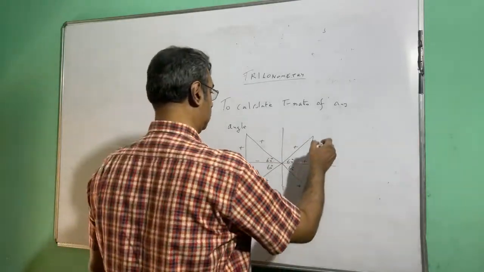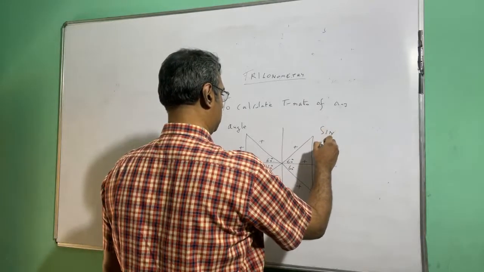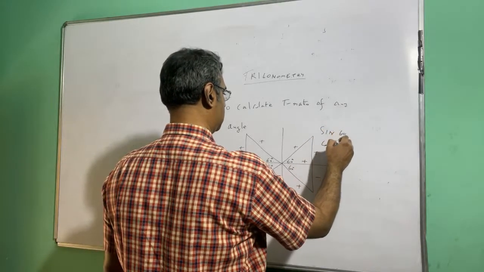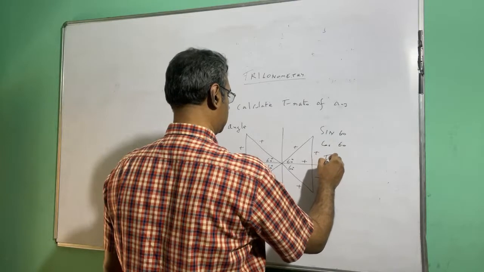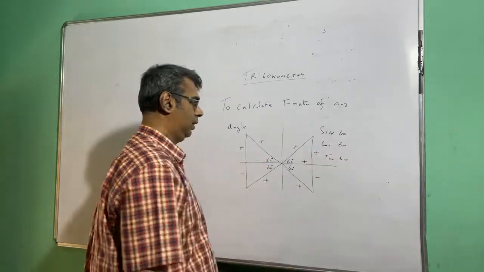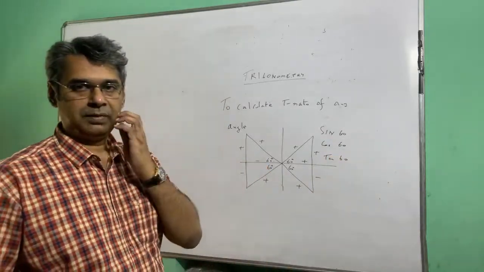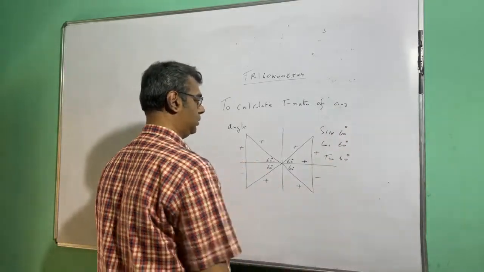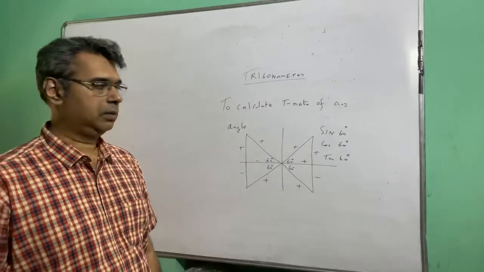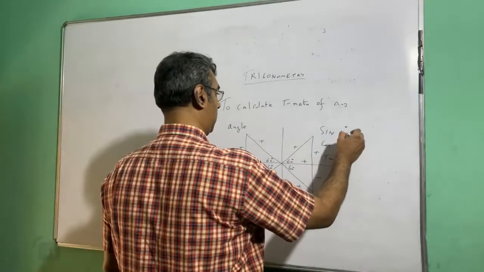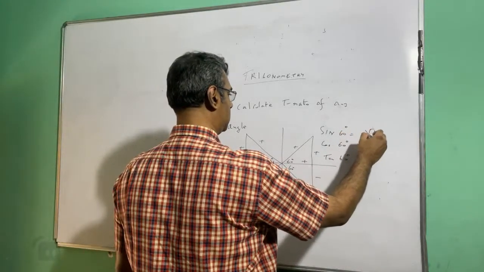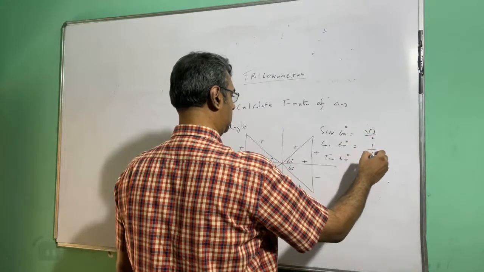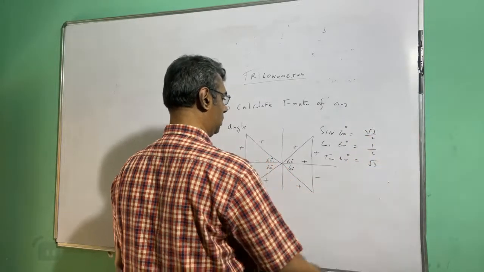So if I ask you what is sine of 60 degree, cos of 60 degree, tan of 60 degree, the answer you already know. This is root 3 by 2, this is 1 by 2 and this is root 3.